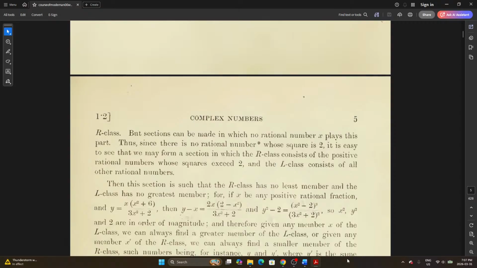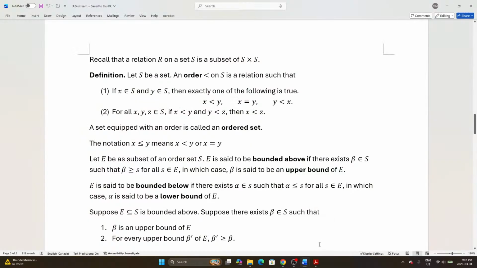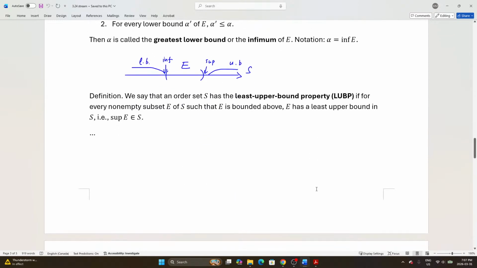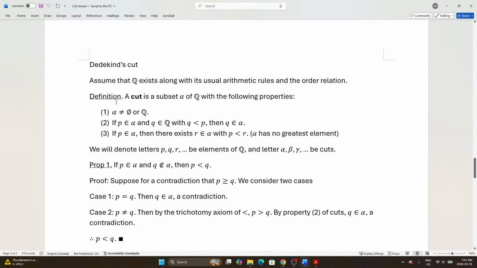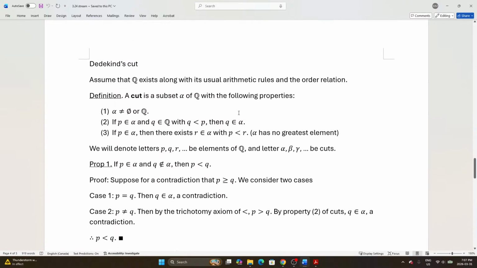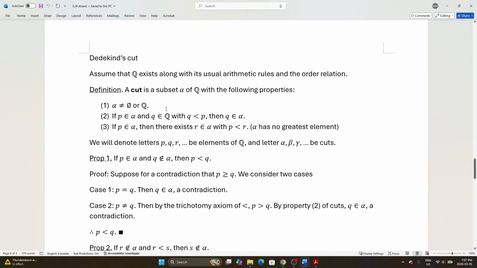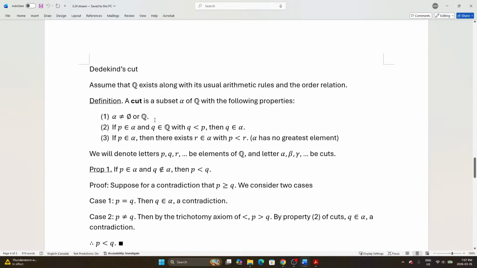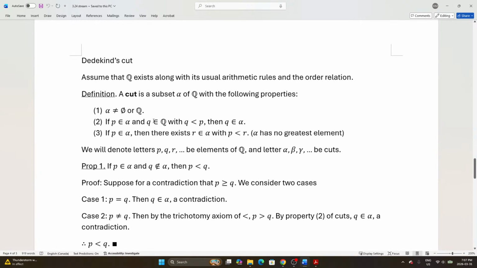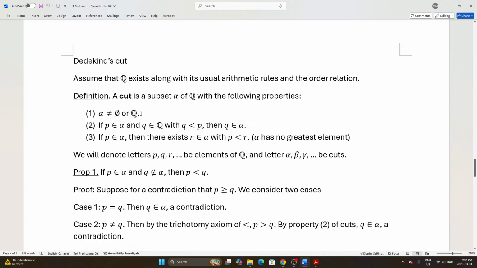And so for that, we redefined the Dedekind's cut as follows. Definition: a cut is a subset alpha of Q with the following properties. The first property is that alpha is not empty, nor is it equal to the whole of the rationals.